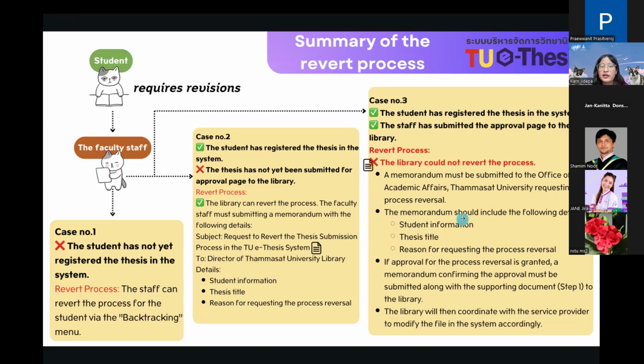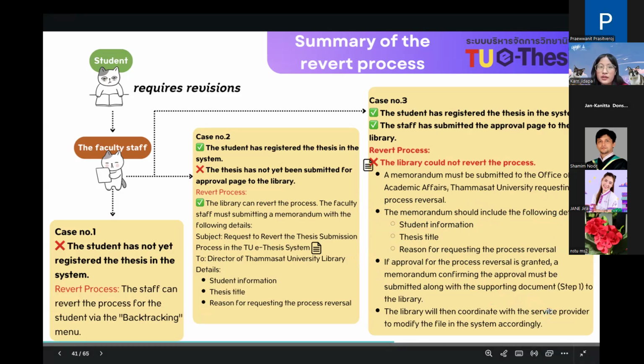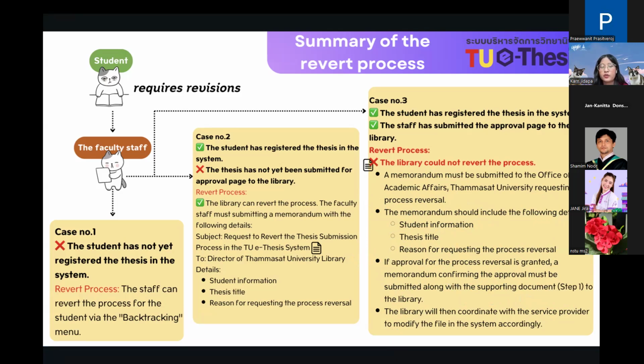The memorandum should include the following details: student information, thesis title, and reason for requesting the process reversal. And if approval for the process reversal is granted, a memorandum confirming the approval must be submitted along with the supporting documents to the library, and the library will then coordinate with the service provider to modify the file in the system accordingly.